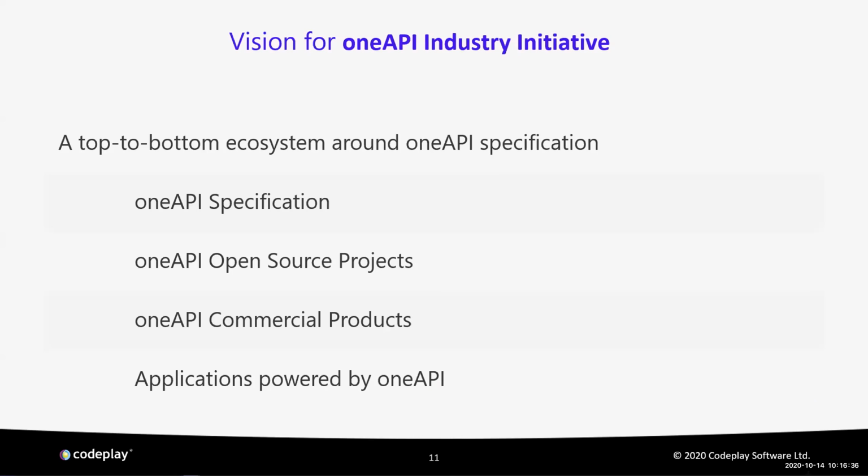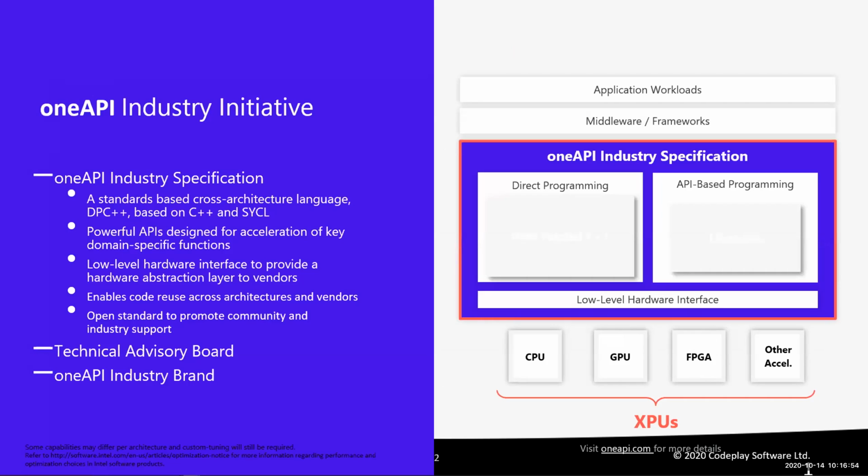The idea for oneAPI closely matches what I've been looking for. It is a top-to-bottom ecosystem around oneAPI specifications, with open source projects, commercial products, and applications powered by oneAPI. It's an alternative to single vendor solutions.